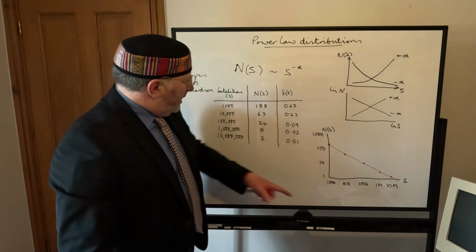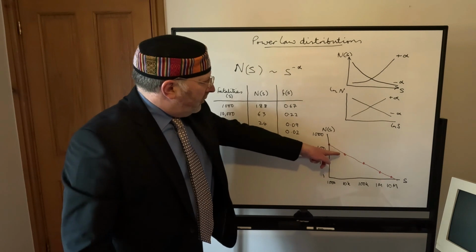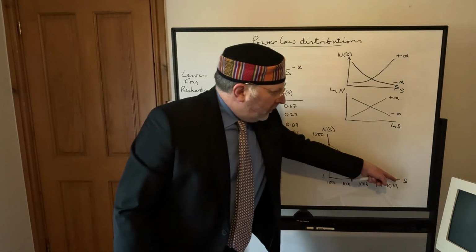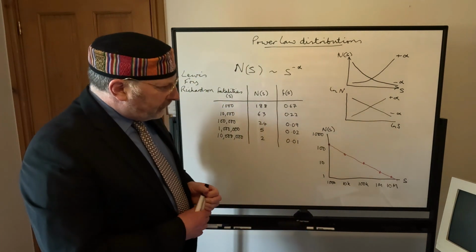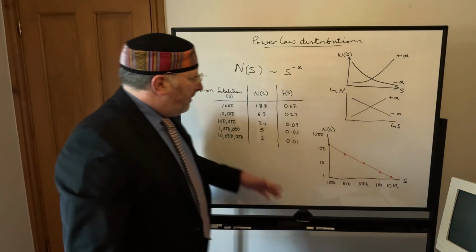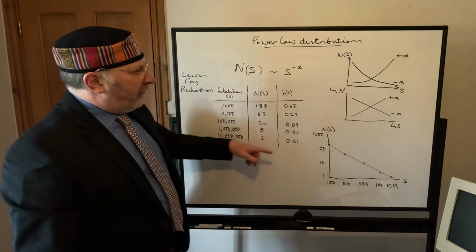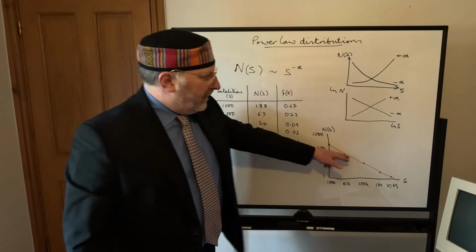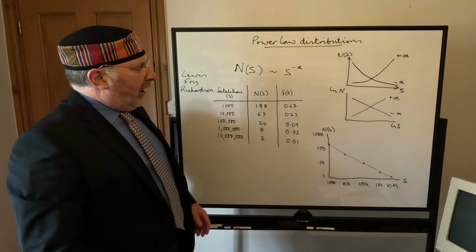So wars in the thousands, there were 188, and 10,000s, 63, and so on. So we get a downward sloping line. So we have a power law. So the N of S is related to S by a power law, and the exponent of the power law is the slope of this line.